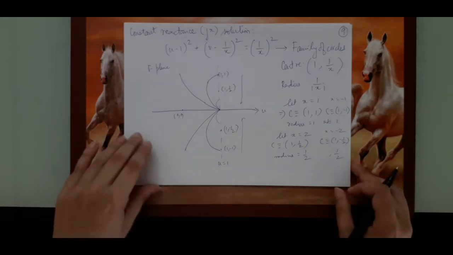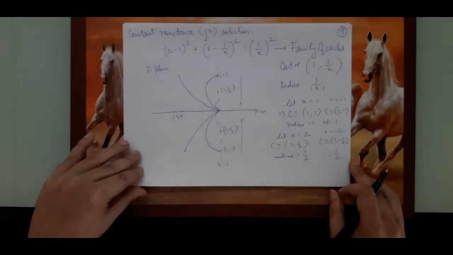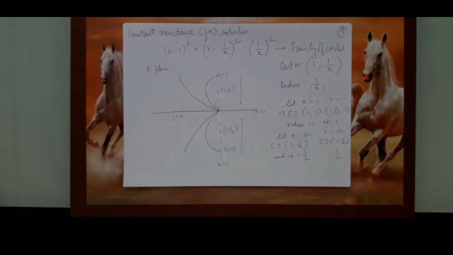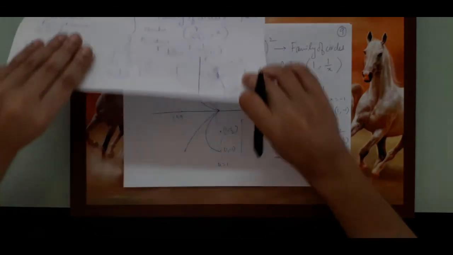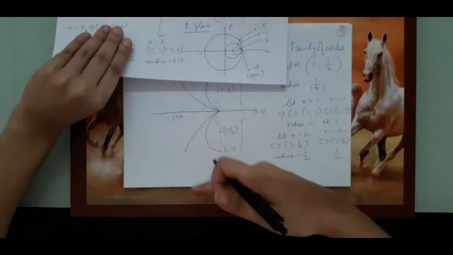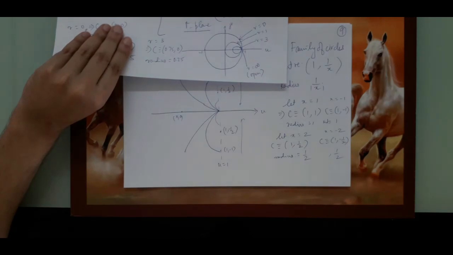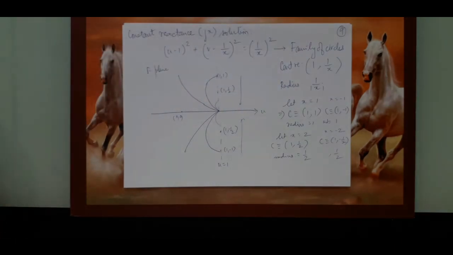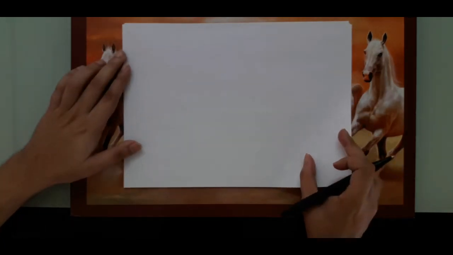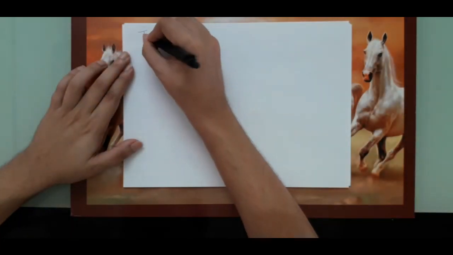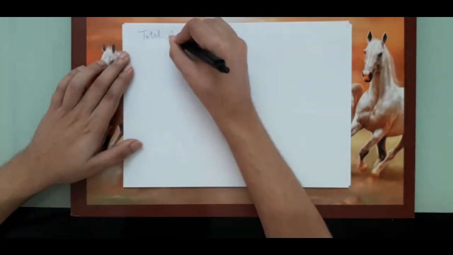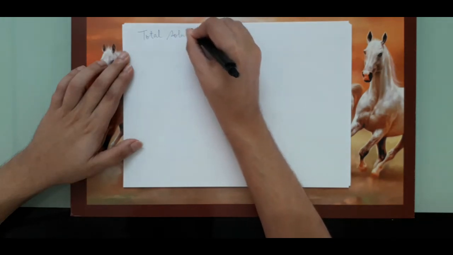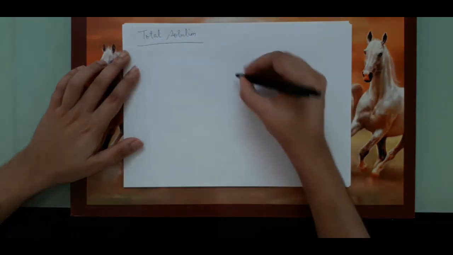So if you now superimpose the constant resistance solution and the constant reactance solution into a single gamma plane, you get this.